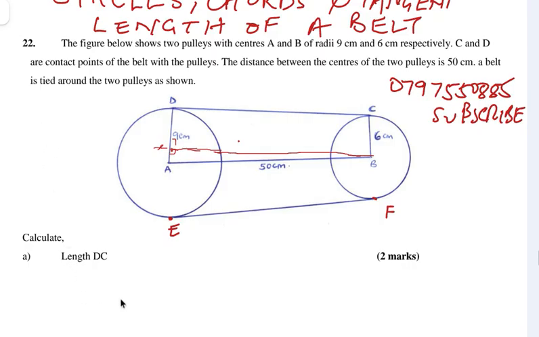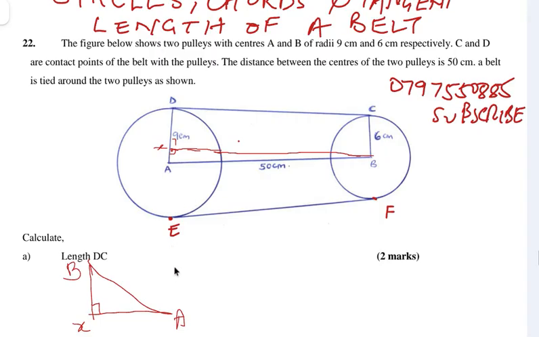Ukiona hiyo triangle vizuri, the triangle should be like this, where your hypotenuse hii ndo 90 degrees. Your X labda ni hapa, X ni imaginary point which I created, na D yako si muhimu, hii A yako ndo muhimu. A yako iko hapa na B iko hapa.